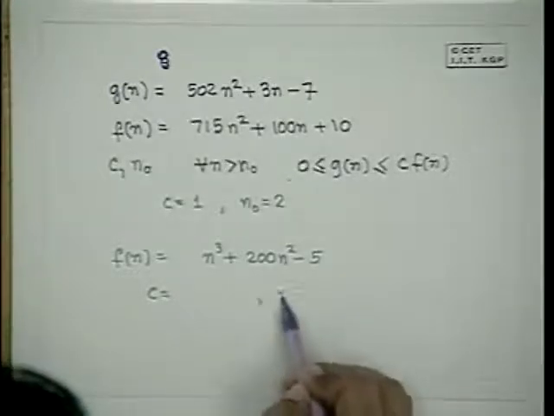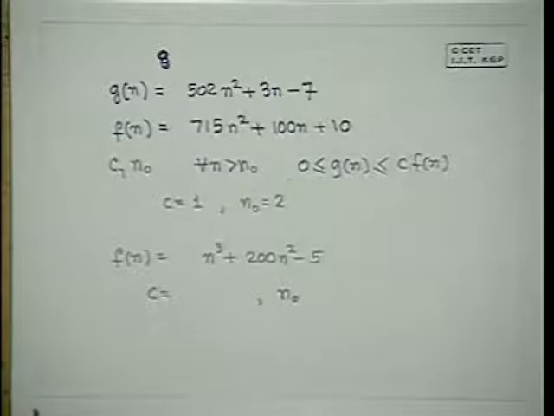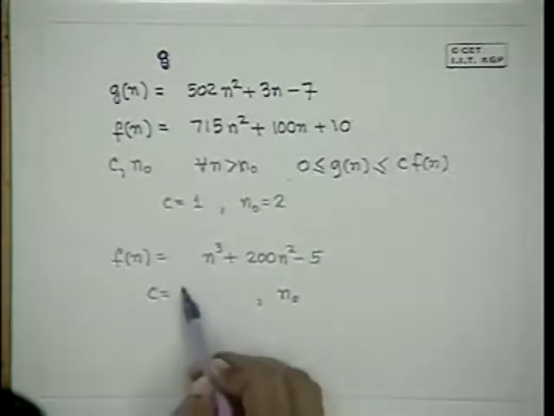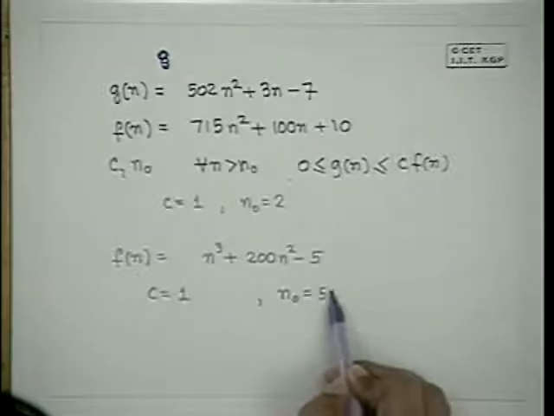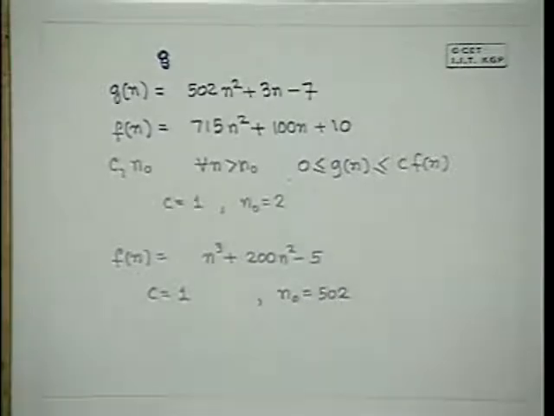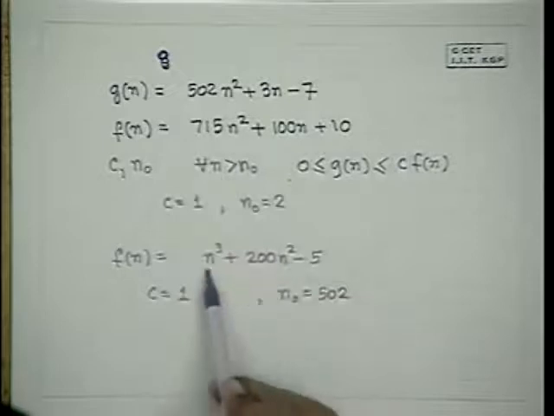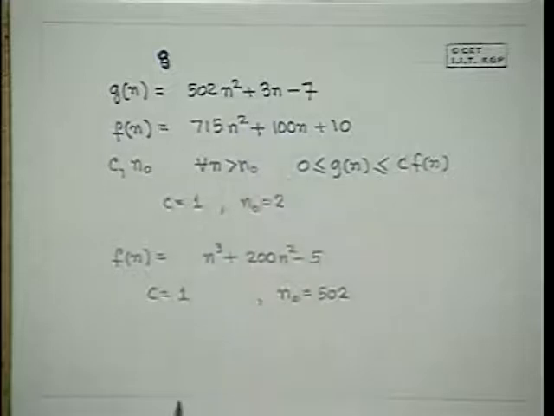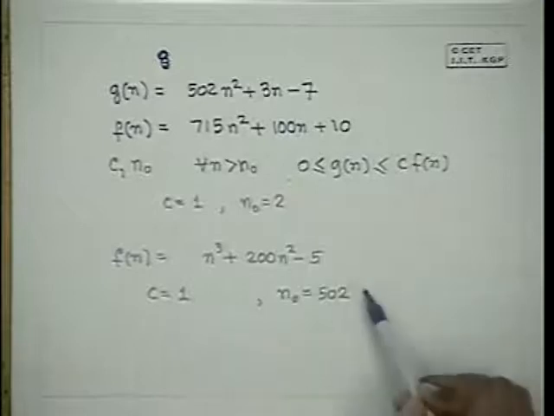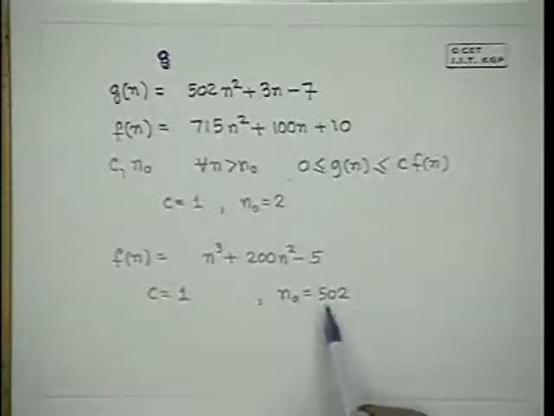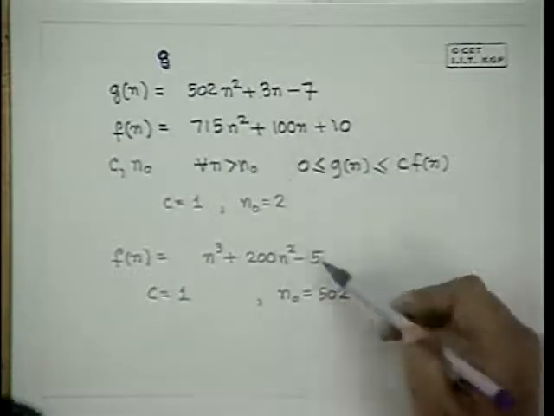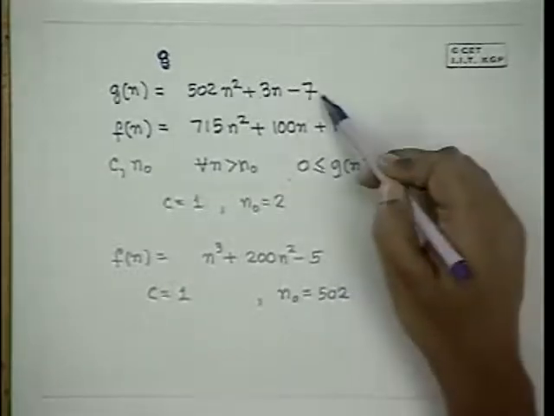You have to choose a C and you have to choose an N0. Choose C equal to 1 and N0 equal to 502. Now beyond that, obviously this one is going to be larger than this one. So you will satisfy. Once you find these two, you may be sure that beyond N0 this function is going to beat this function.